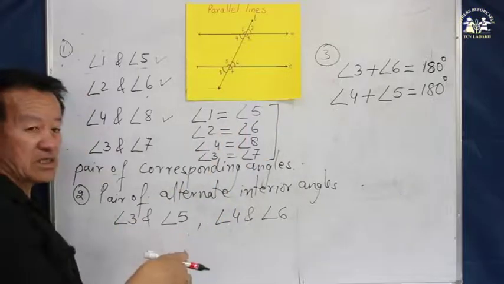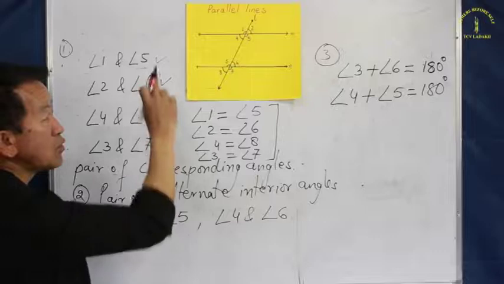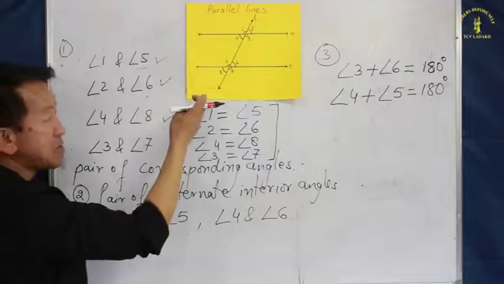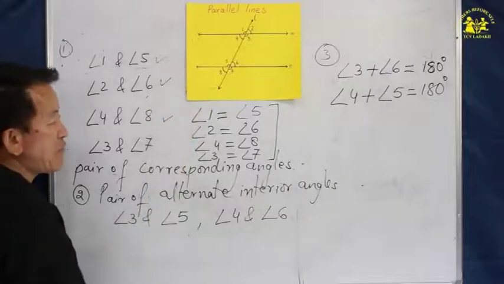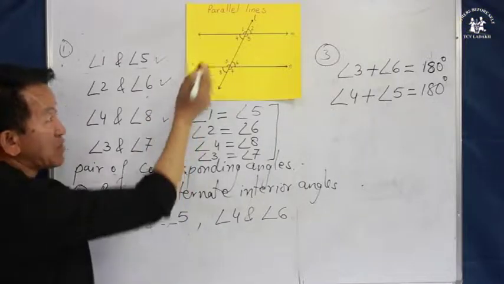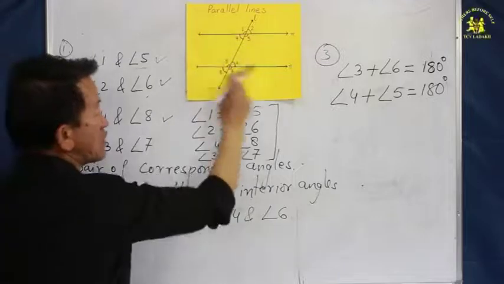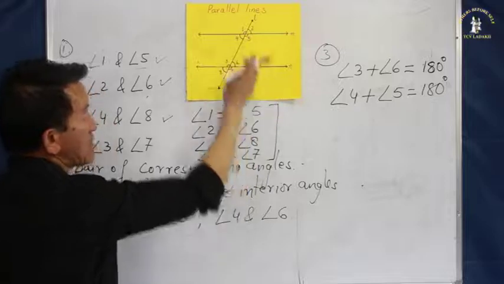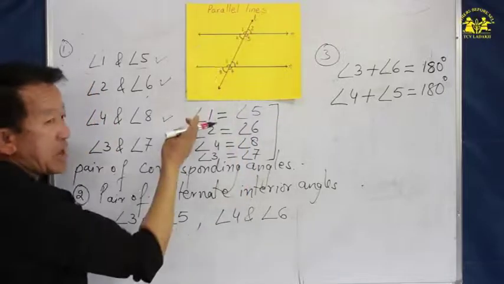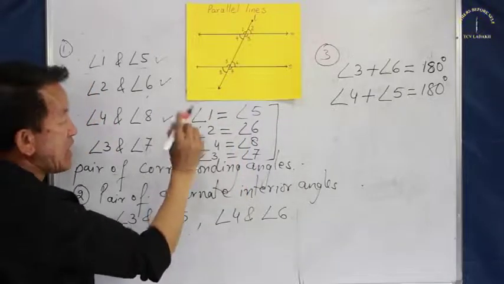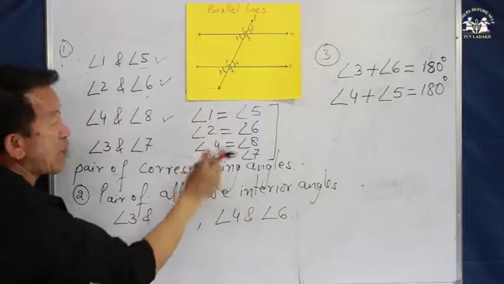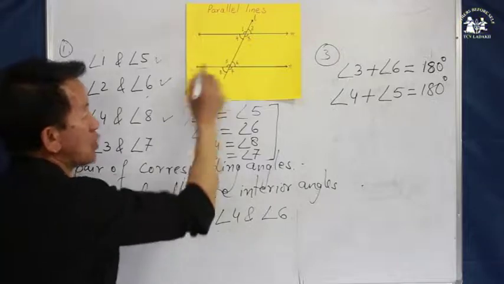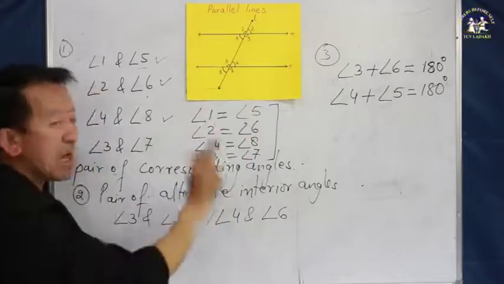And the converse of the result is, if two lines are intersected by a transversal, and if a pair of corresponding angles is equal, for example in this case, we don't state that these two lines are parallel, we say just these two lines. If these two lines are intersected by a third line, a transversal, and any one pair of corresponding angles is equal, then the two lines will be parallel to each other.